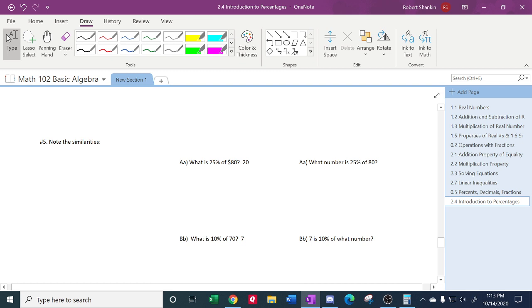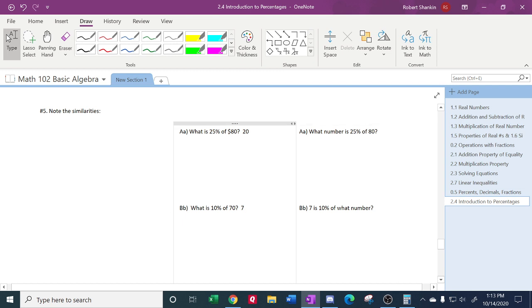What number is 25% of 80? Just switching it up like this can cause some confusion. What is 10% of 70? That got changed in the next problem that was similar to it. 7 is 10% of what number?